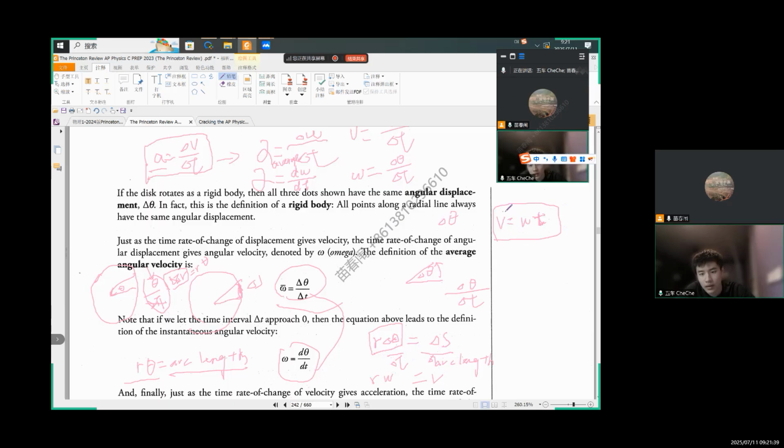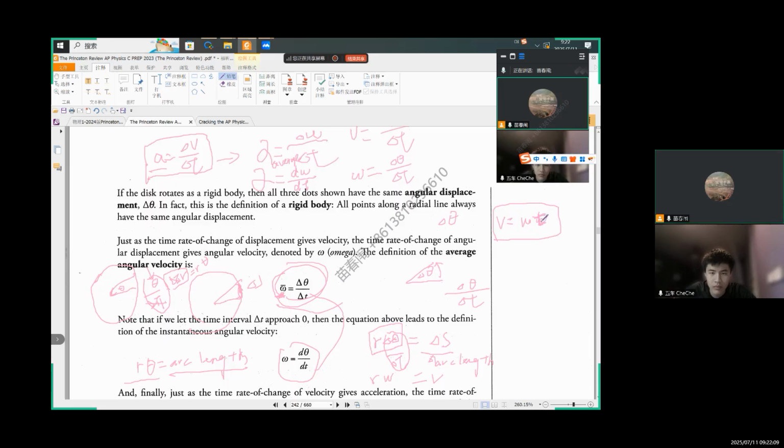V is velocity. Wait, what does omega mean again? It's the angular velocity, because delta theta over delta t is angular velocity here. That's why I deduce another one: v equals omega r.